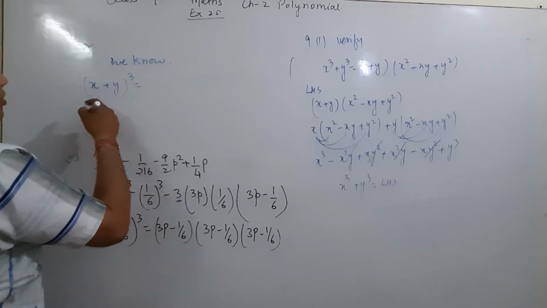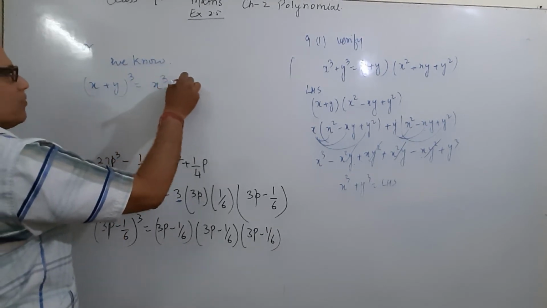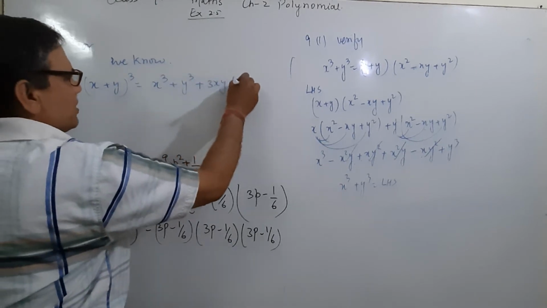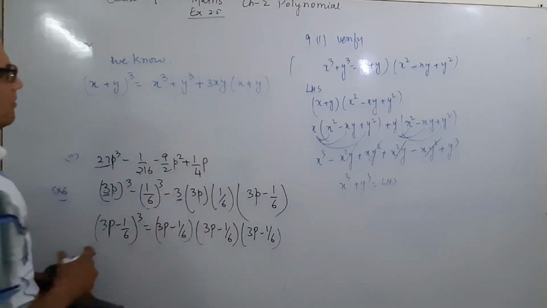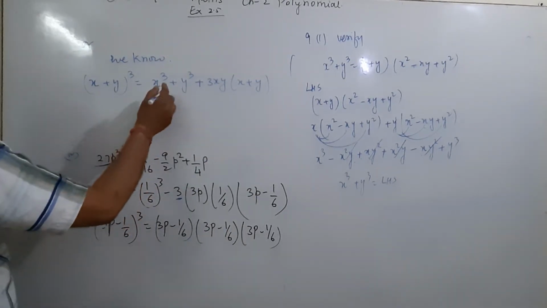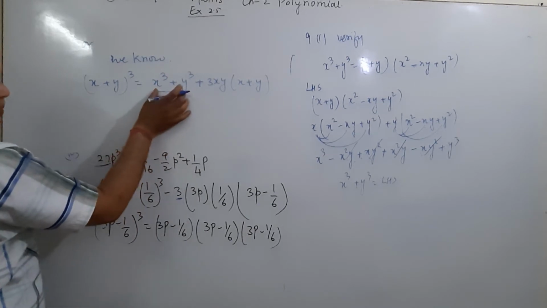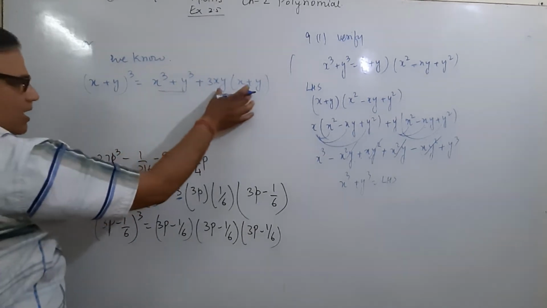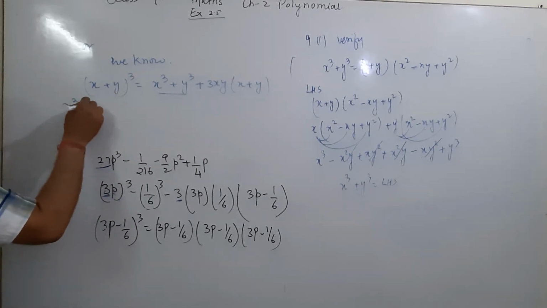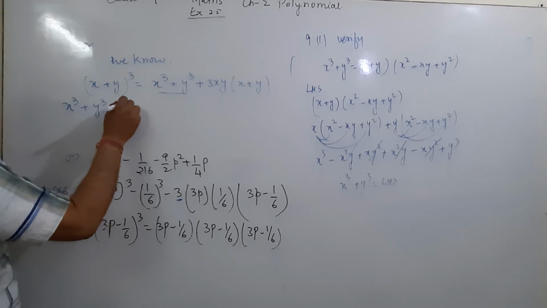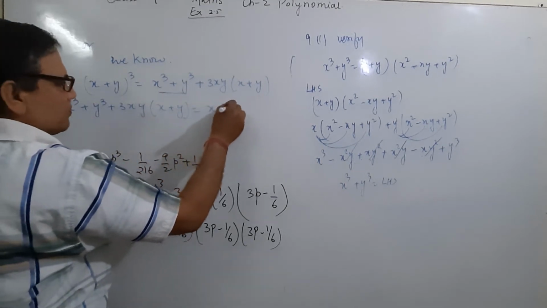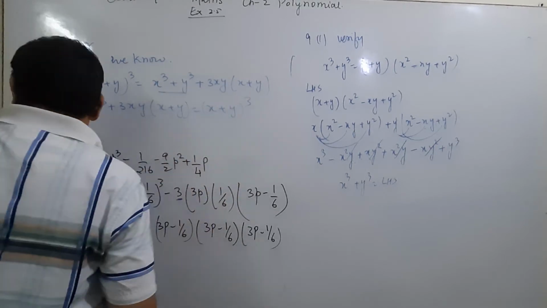It is x cube plus y cube plus 3xy(x plus y), which we have done in the previous question. Now put x cube plus y cube on the left side, so we can say x cube plus y cube plus 3xy(x plus y) is equal to (x plus y) whole cube. We can write it in this form.